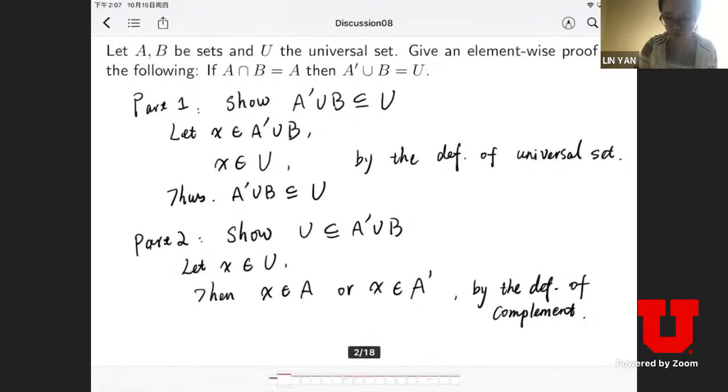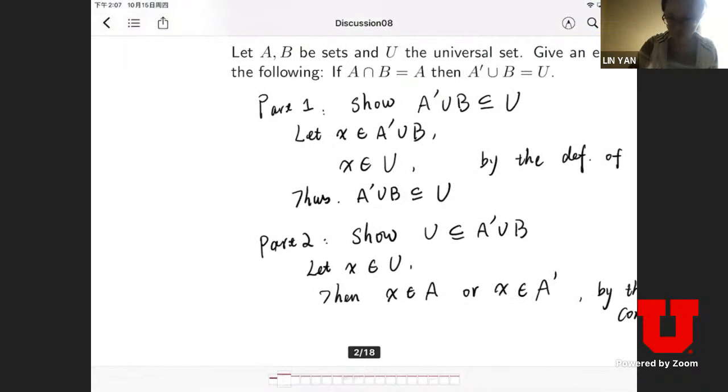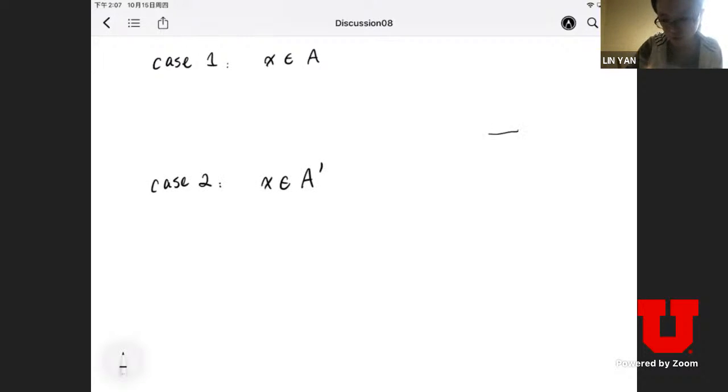Let me use another page. So now we have two cases. Case 1, X is an element of A. And case 2, X is an element of A complement. And finally, we need to prove in both cases X is an element of A complement union B. So we start with the first case.